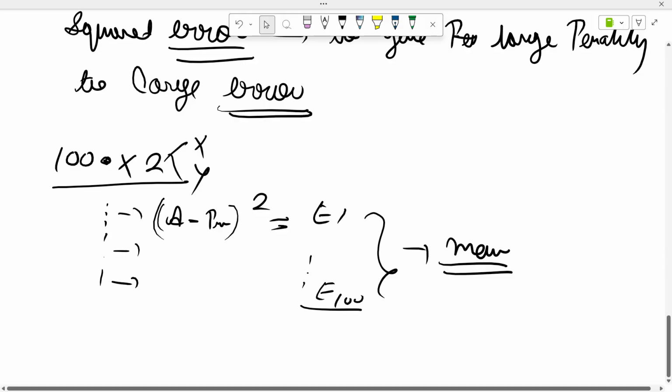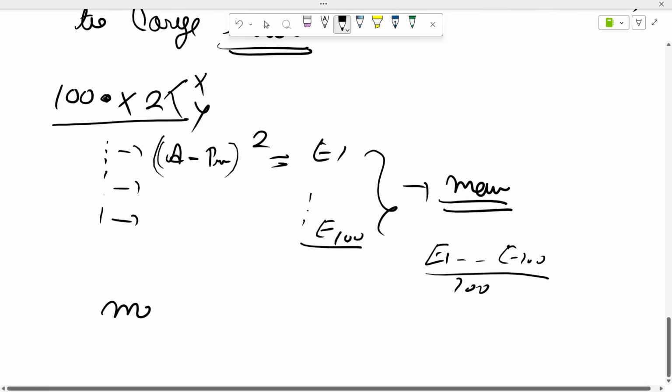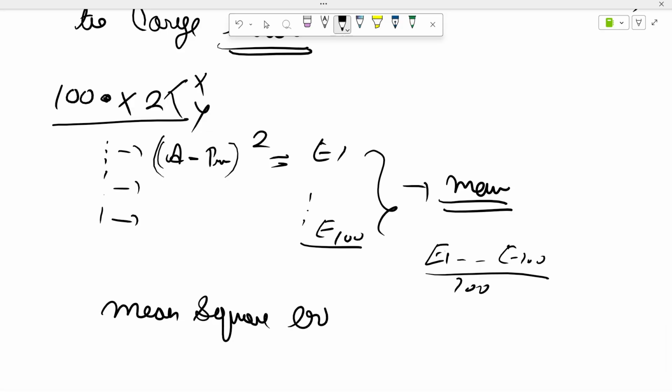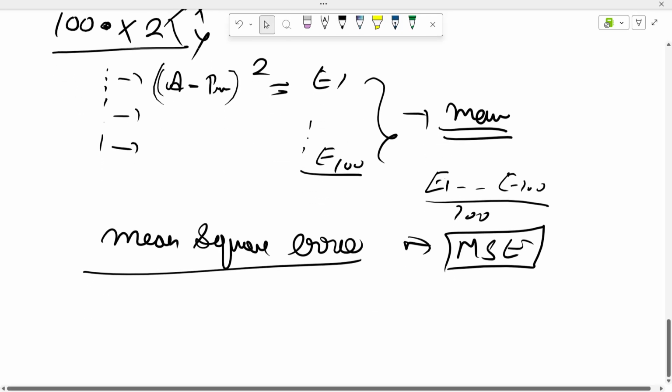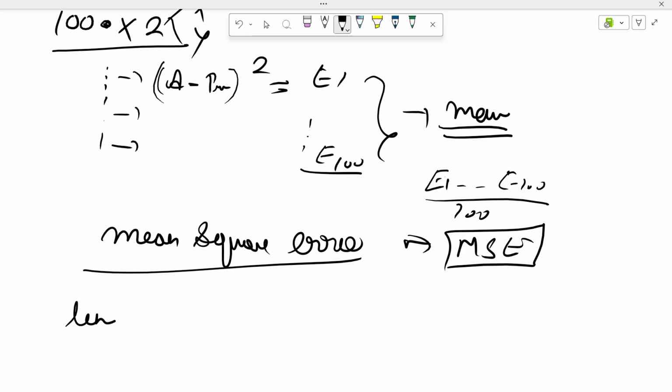So now if you take the average, which is E1 to E100 divided by 100, it is the mean. You took the mean of what? Squared error. That's what MSE is, the most famous cost function in machine learning for linear regression.